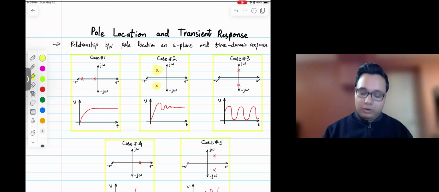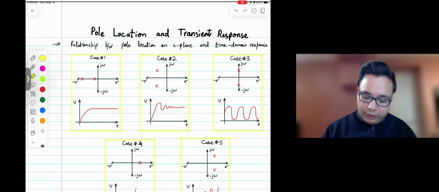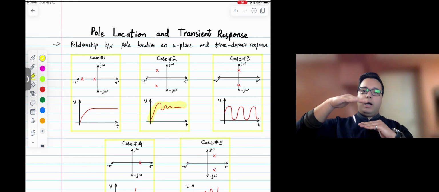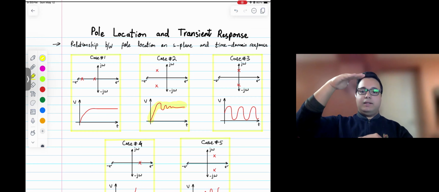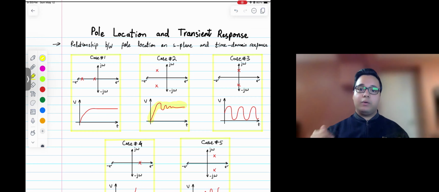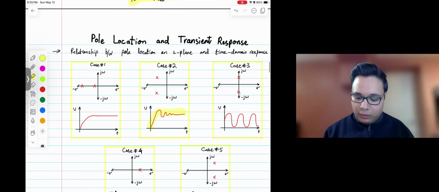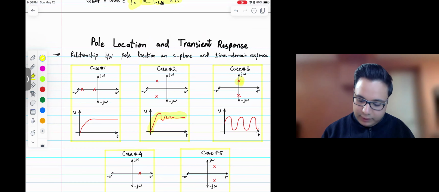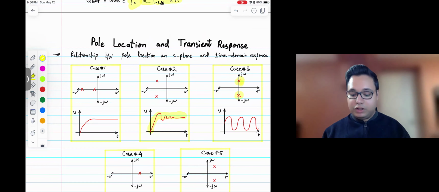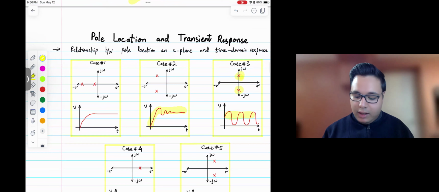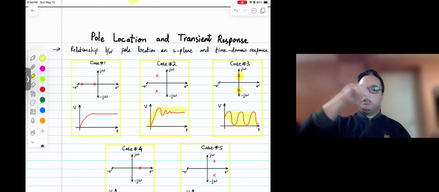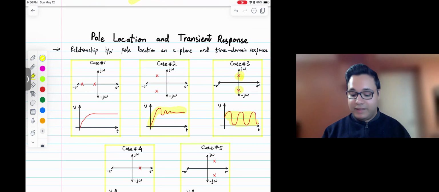So these are complex poles, and when you have that, you have some ringing, and the more j omega component the poles have, the more ringing you're going to see. As an example, here let's say the poles are on the j omega axis, so you're going to see pretty much ringing all the way. In fact, in this case, it's not even ringing, it's just a sine wave, and this system would be unstable, right?